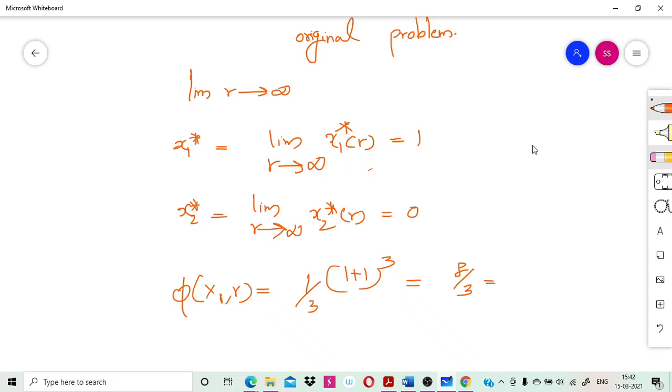So this will be our minimum value of the original problem f.